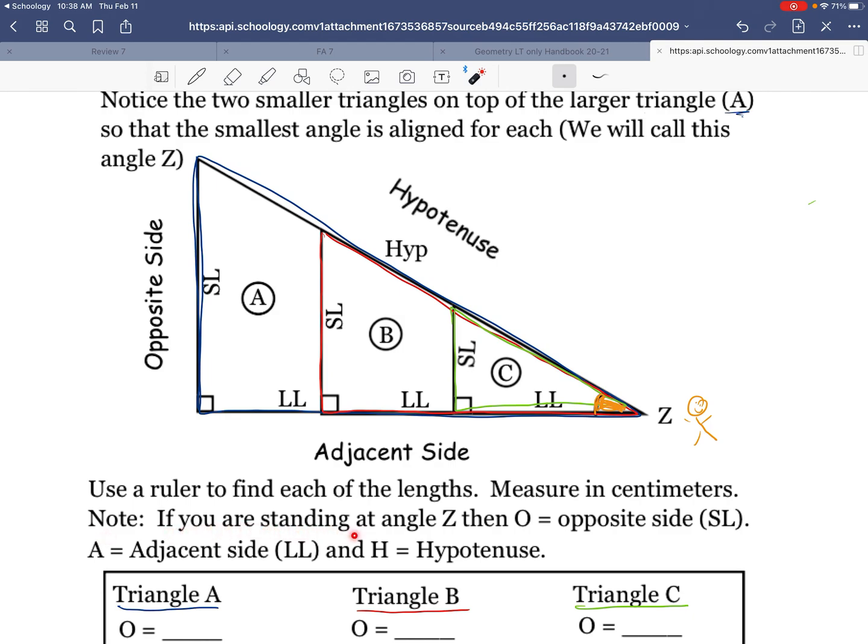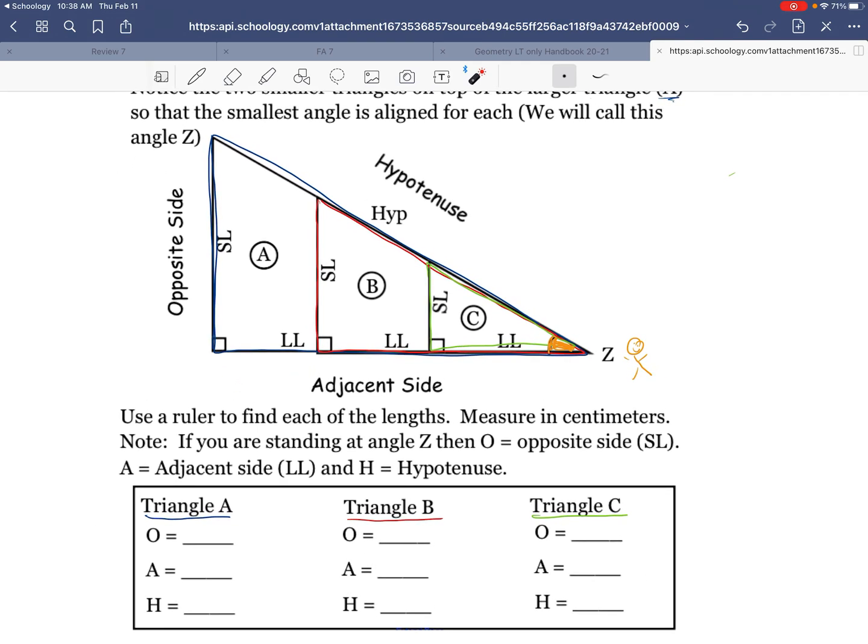And note, if you're standing at angle Z, then the O is the opposite side, which is also the short leg. So for triangle A, this is the opposite side length, which is also the short leg. A is the adjacent side, which is also known as the long leg. And H stands for the hypotenuse.